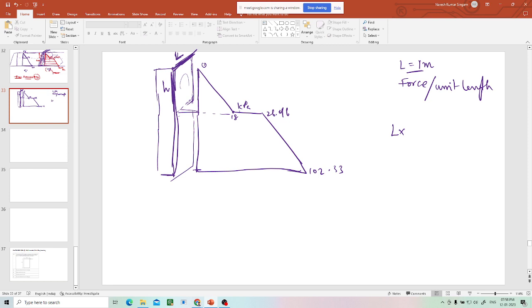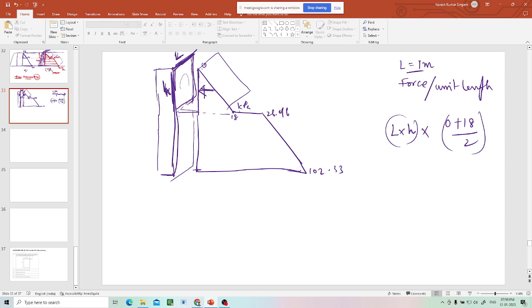So it's per meter length. Length into height multiplied by which pressure? This triangular pressure is acting on this area. Which pressure do you have to take? Average pressure. How to take average pressure? 0 plus 18 by 2.